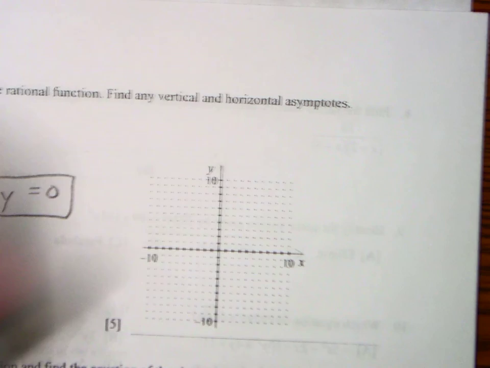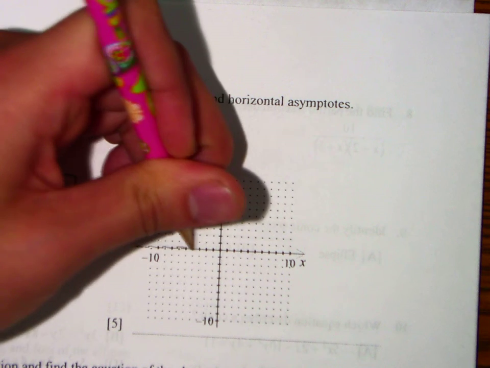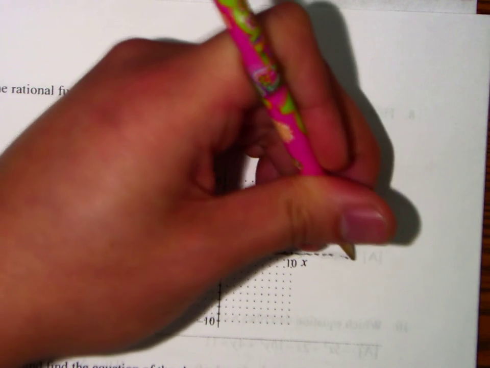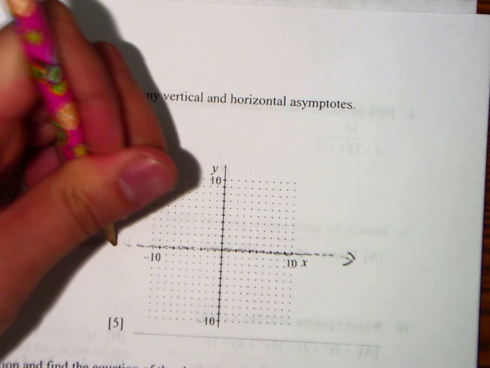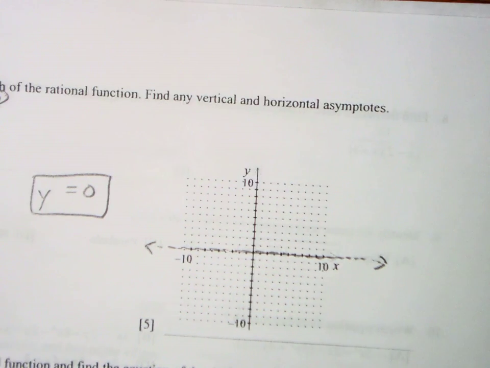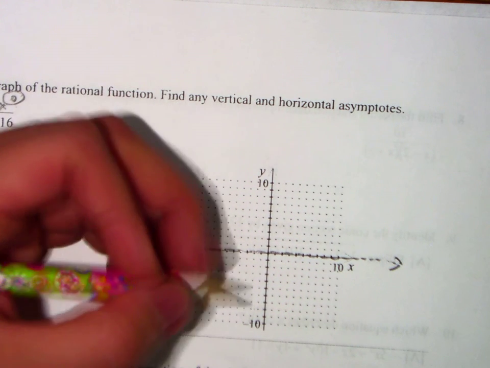Okay, so we have y equals 0. Again, asymptotes means the function will get very close to reaching that asymptote, but it will never touch that line. So we have y equals 0, and then we have x equals negative 4 and positive 4.